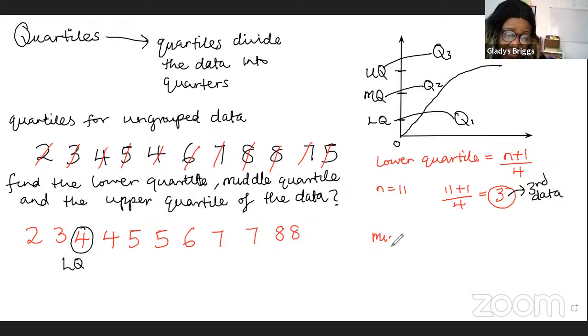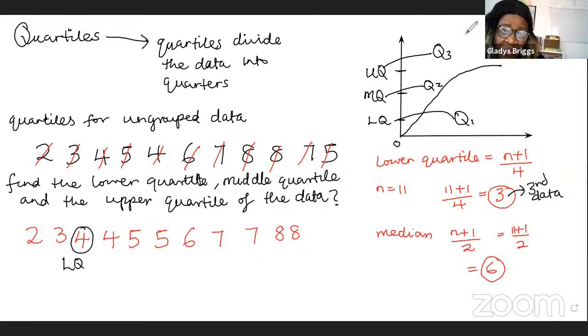Then the middle quartile or median. Let's call it middle quartile, median. It's the same thing. The median is equal to n plus 1 over 2. N is 11, so that is 11 plus 1 over 2, which is equal to what? 6.